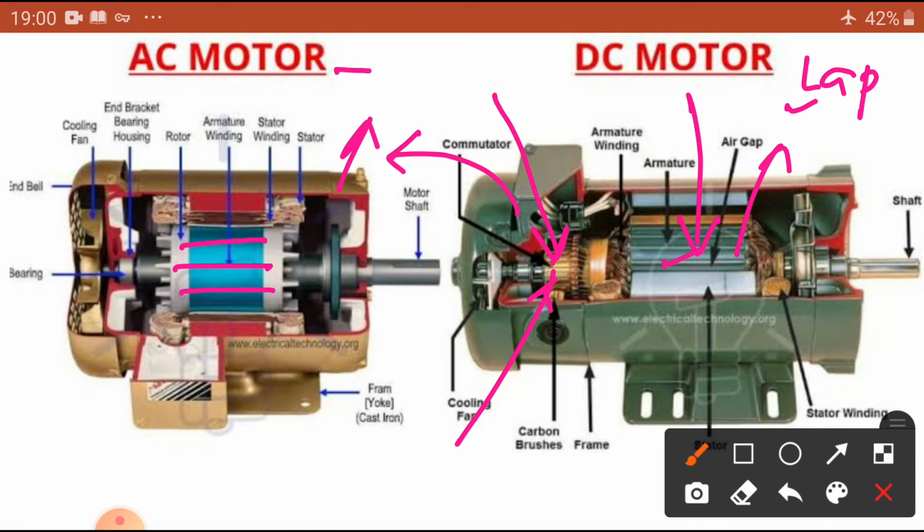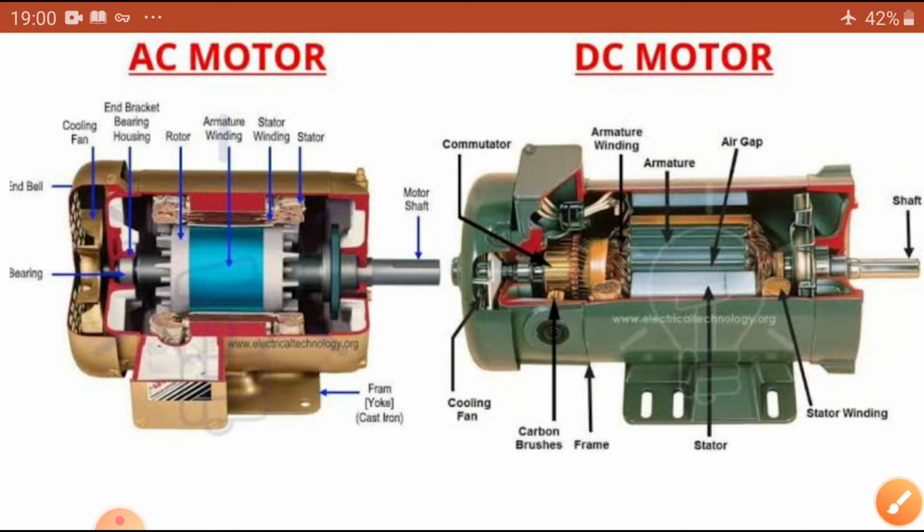The AC motors may be the synchronous machine, just like the generator in hydropower stations and thermal power stations, and induction motors, squirrel cage induction motor or slip ring induction motors, or split phase motors, repulsion motors, universal motors, and capacitor start and capacitor run motors, the different AC motors available in our electrical fields. The basic concept is how we are going to wind our winding in an optimum manner. Okay, let us see that.